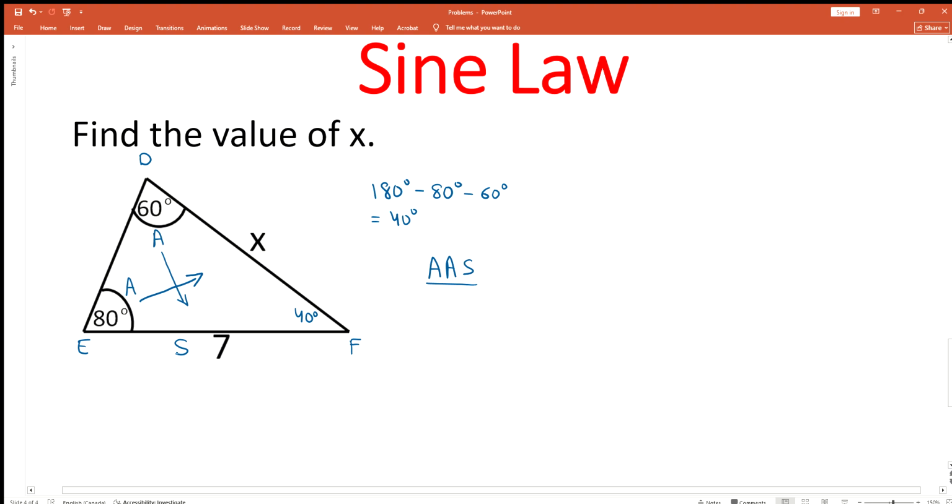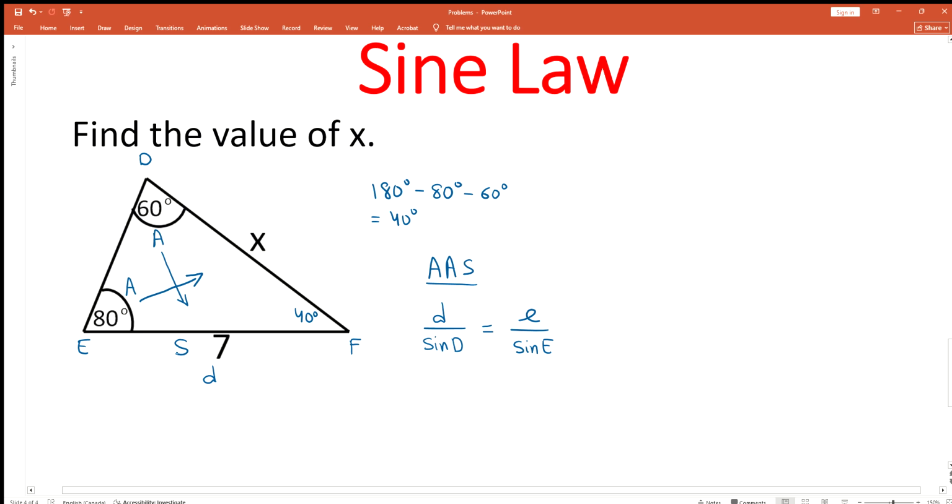We are given the measure of angle D and side D is opposite to angle D. So we can start writing our equation as D over sine D equals E, which is the length of side opposite to angle E, over sine E. Now we can sub in the values.